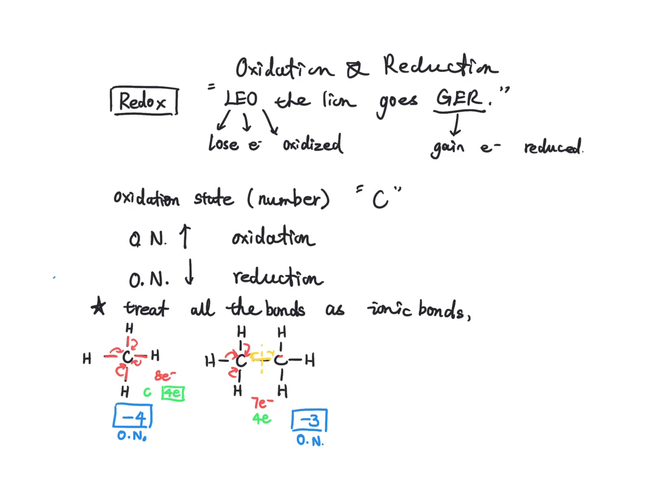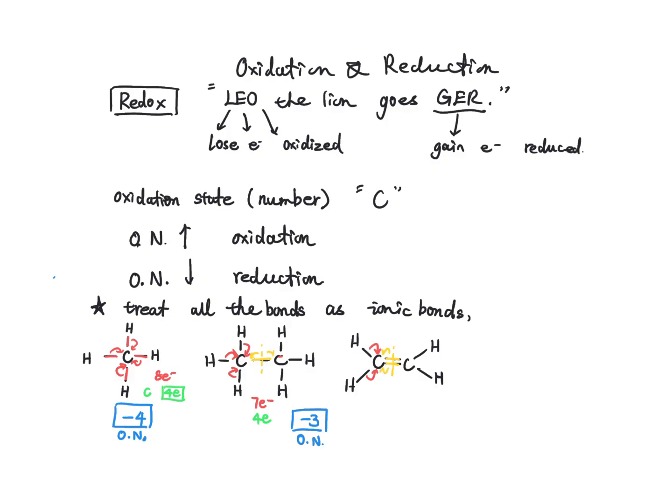Now let's look at this one. If we have ethene, that is an alkene, right? You form a carbon-carbon double bond, and here the degree of unsaturation is 1. If we are looking at this case, this electron goes to carbon. And in the middle, carbon-carbon, they share 4 electrons, so each of them gets 2.